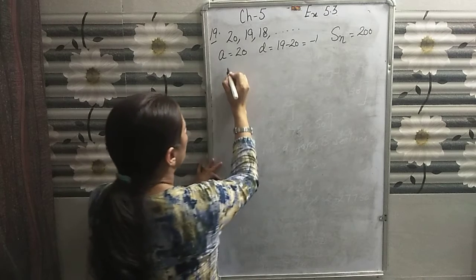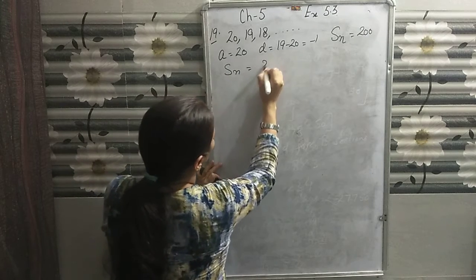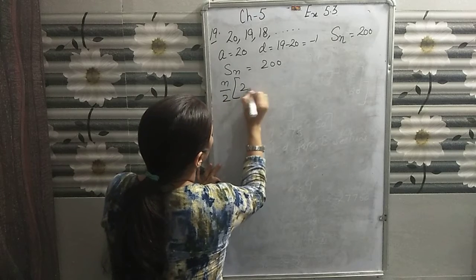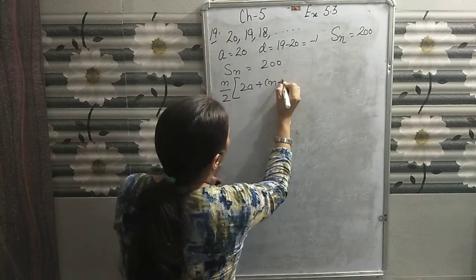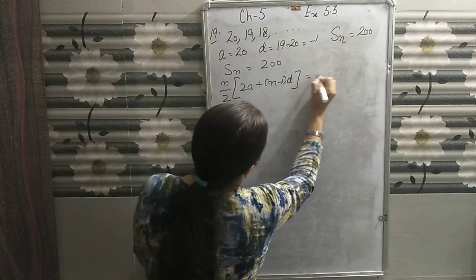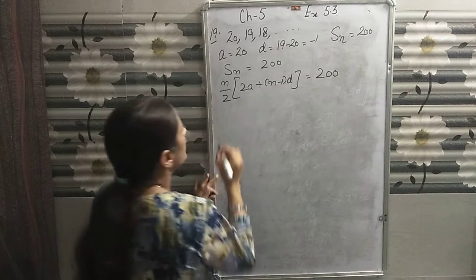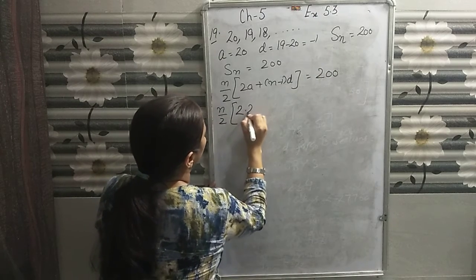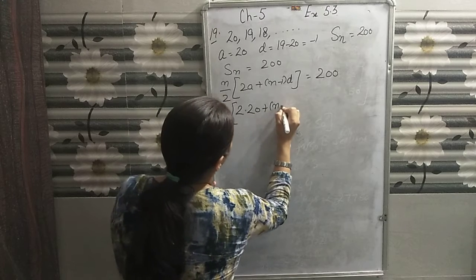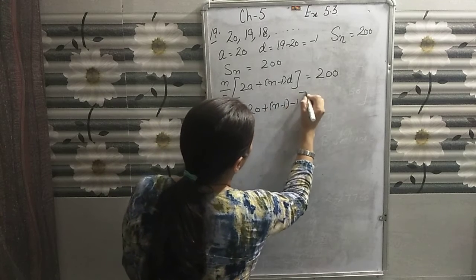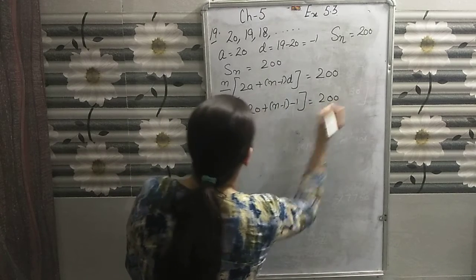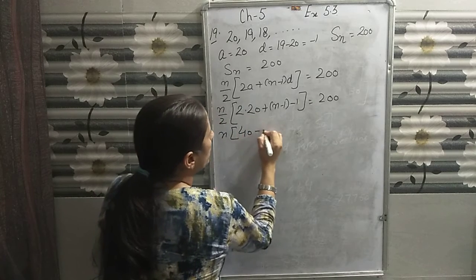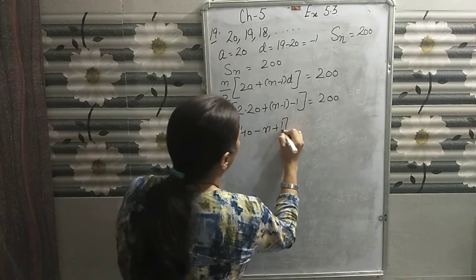So first of all, as we know sum is 200, I will apply the formula n/2 [2a + (n-1)d] equals 200. So here n I don't know. 2 into a, 2 into 20 is 40, plus (n minus 1) times d, d is minus 1, equals 200. So n by 2 into (40 minus n plus 1).